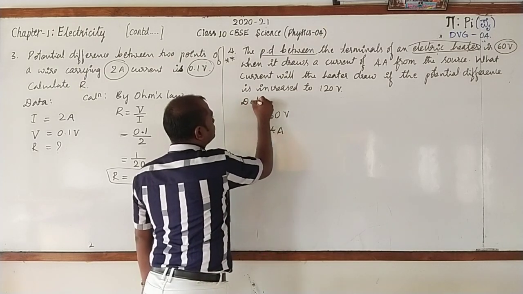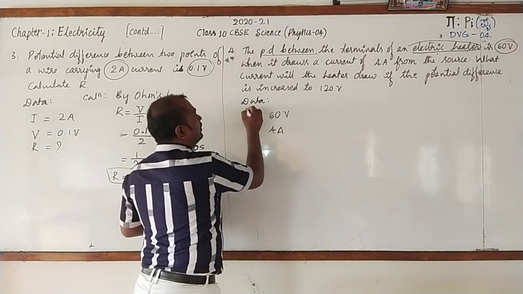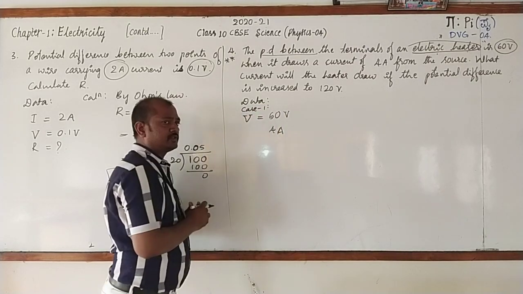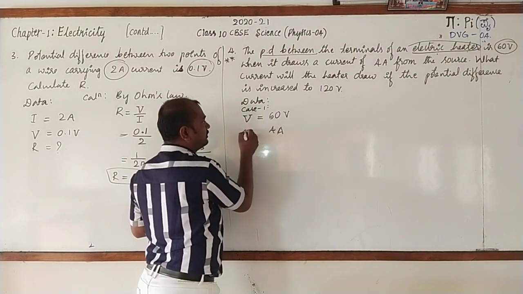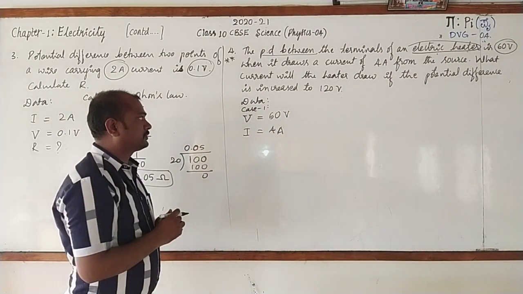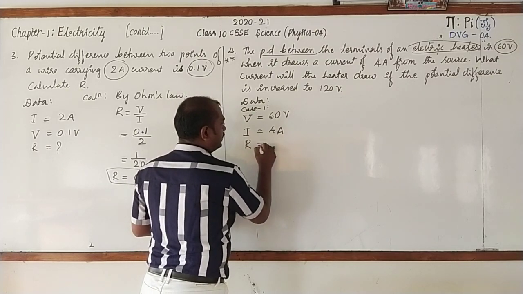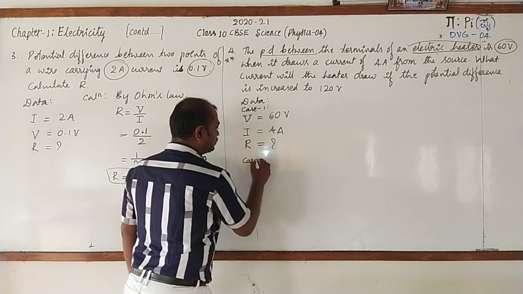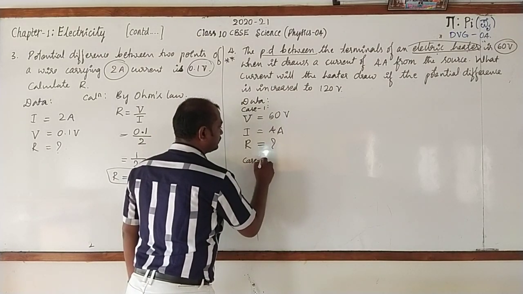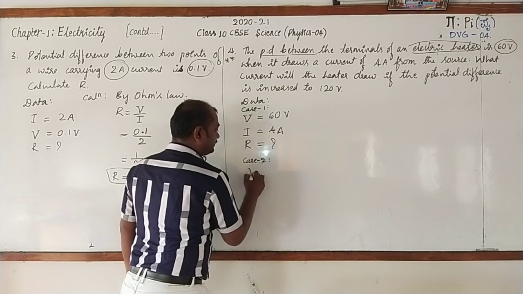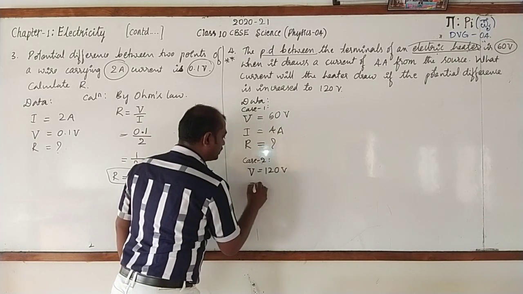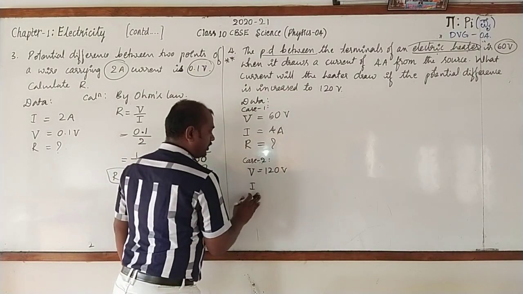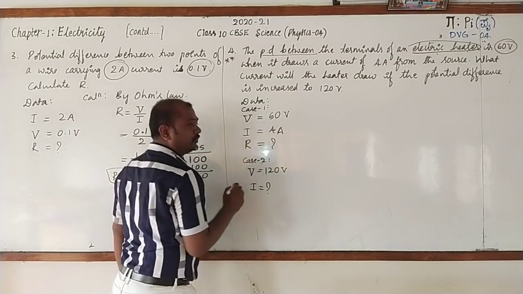Here I write the data. First, case 1. In case 1, voltage is 60 volt and current I equal to 4 amps is given. We have to find out the electric resistance of the heater. Then in case 2, voltage is given V equal to 120 volt. You are going to find out what current the heater will draw. I equal to question mark.